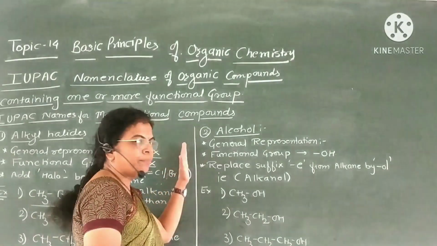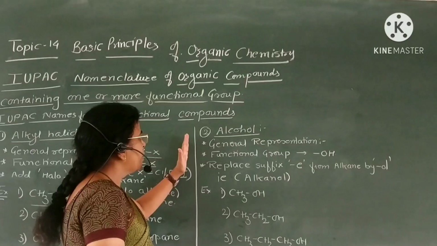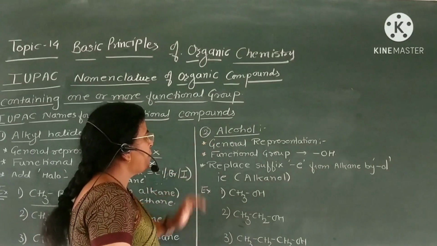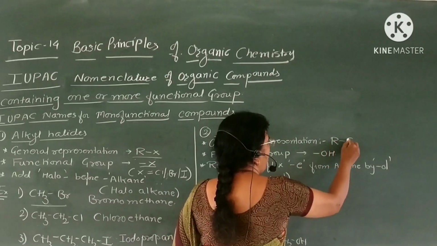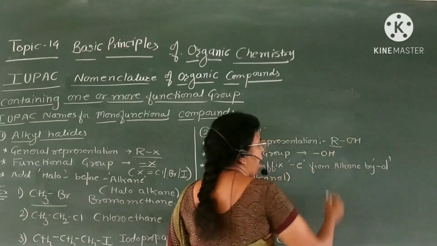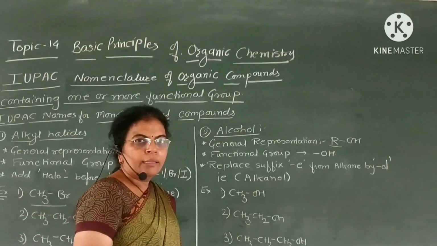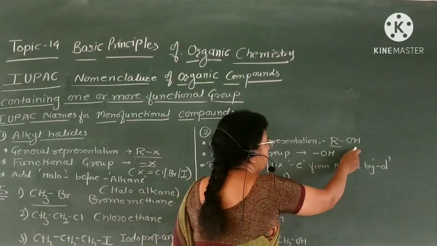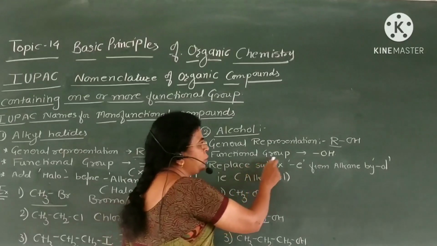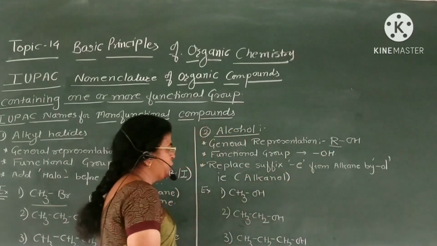Now second, alcohols. The general representation of alcohol is ROH, where R is a hydrocarbon radical or alkyl group, and OH is the functional group. That is, the functional group of alcohol is OH.